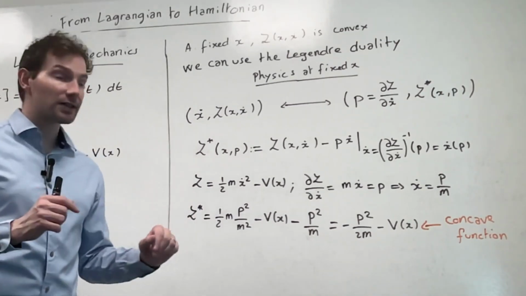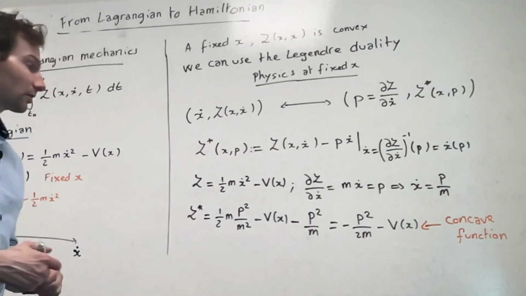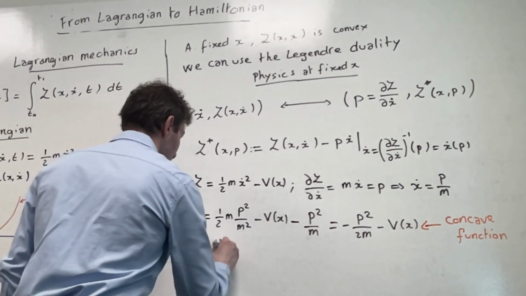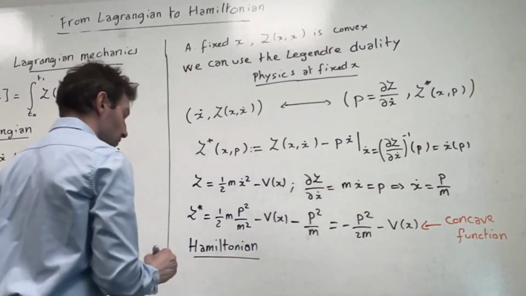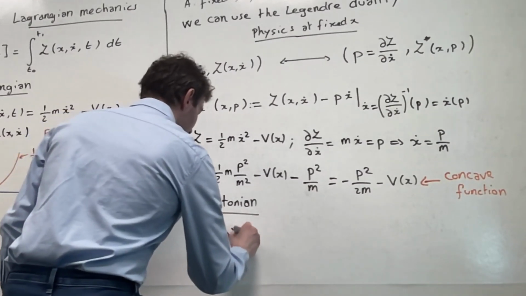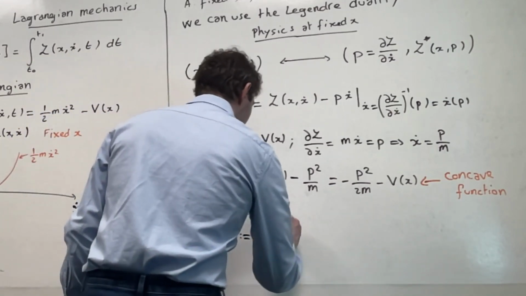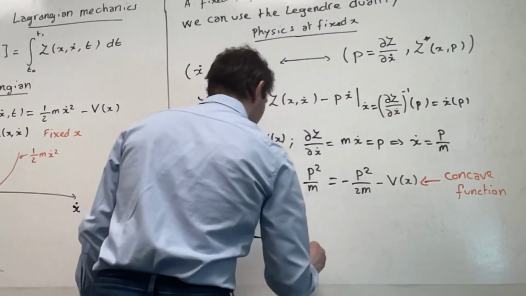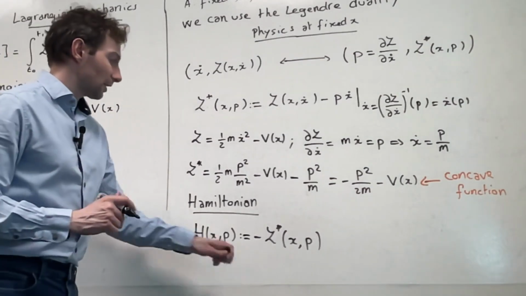And this convex version of the Legendre transformation is what we call the Hamiltonian function. And so we define the Hamiltonian as follows: H of x, p is equal to minus simply the Legendre transformation of x and p.